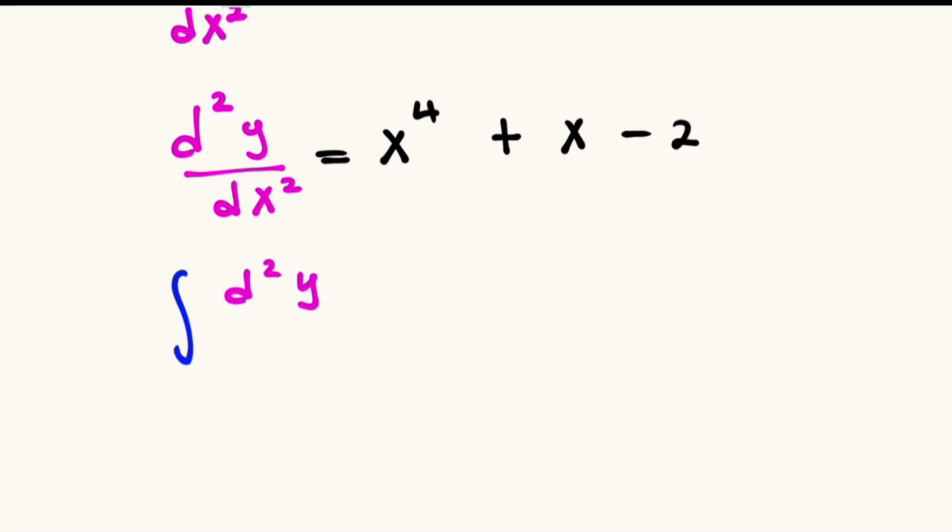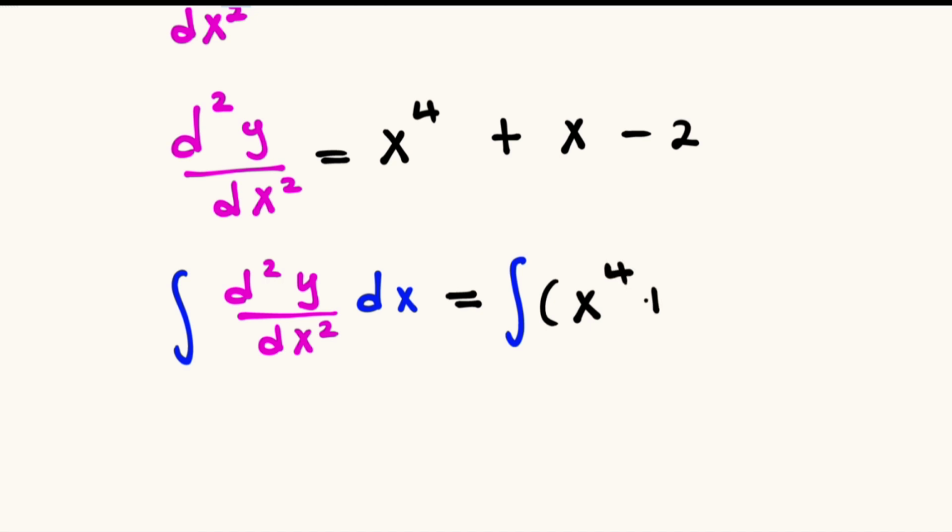On the left hand side, we have the second derivative of y with respect to x, and we are introducing the integral with respect to x, and this will be equal to, so we also have to introduce the integral on the right hand side. So we have the integral of x to the power 4 plus x minus 2. We also introduce the dx.